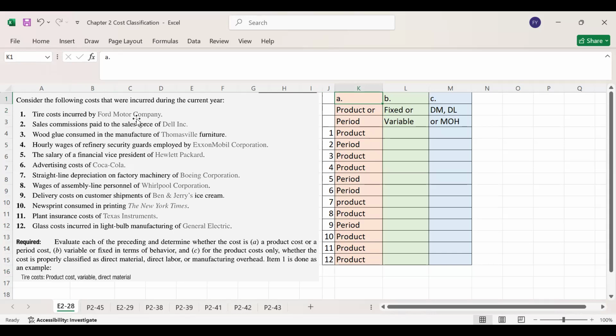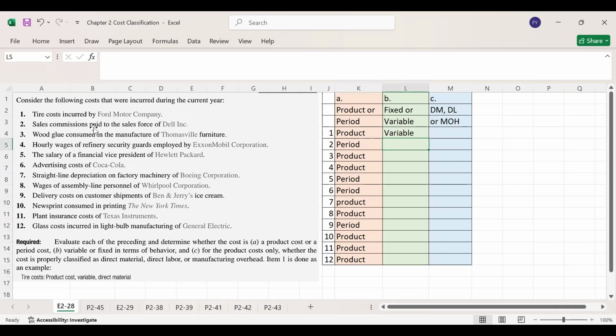If you produce 10 cars, then the tire cost will increase 10 times. So this cost, the tire cost, changes as the level of activity changes, or as the number of units produced changes. As this cost changes, it is called variable cost, because this cost varies.